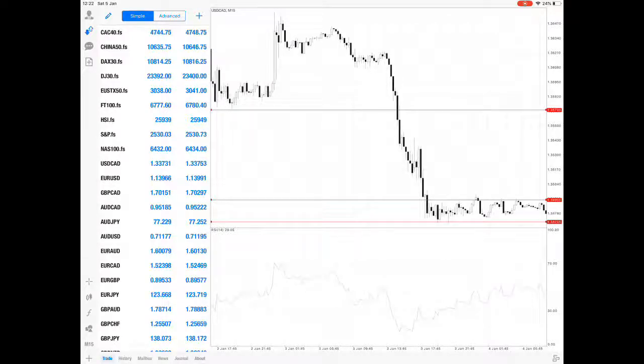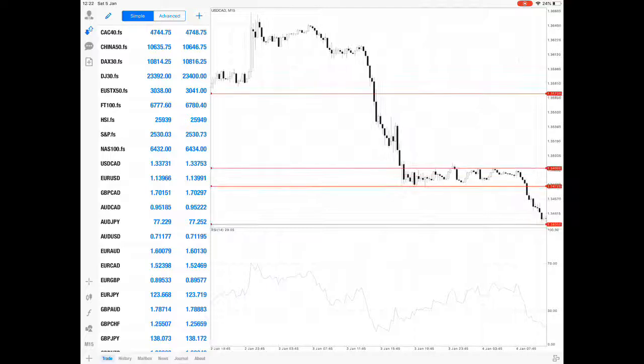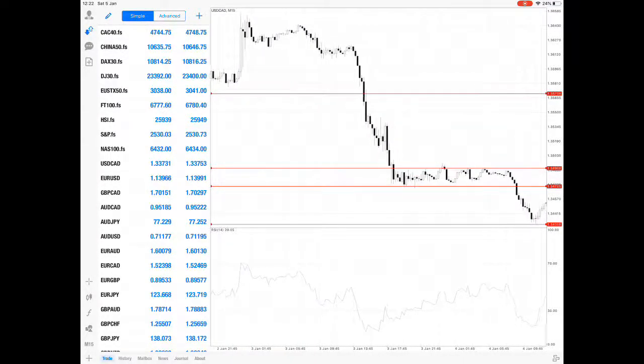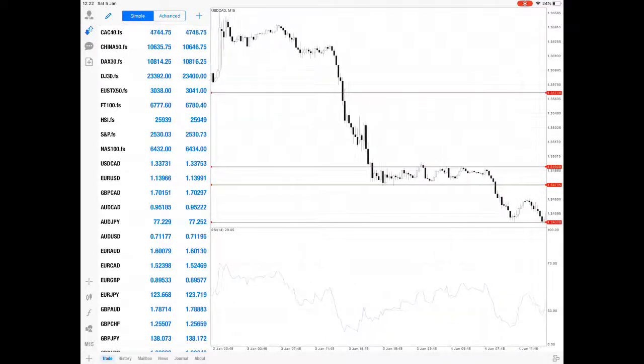However, throughout the morning session, the London session, it broke below this support level, carrying on its downward trend. This is a 15-minute candle, by the way, following its downward trend on this pair.